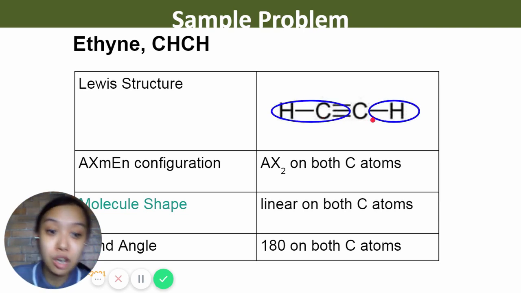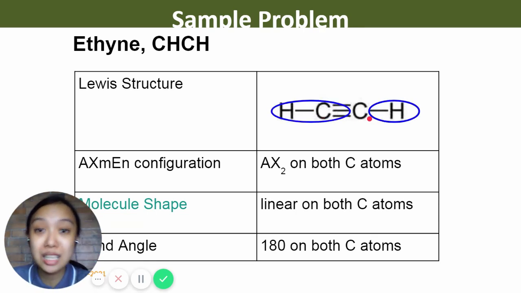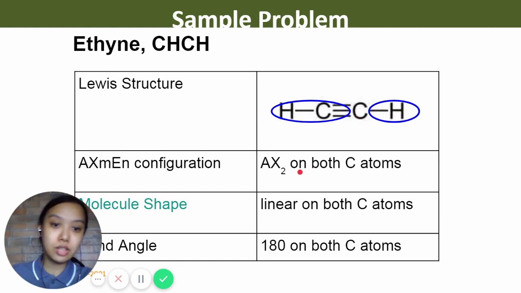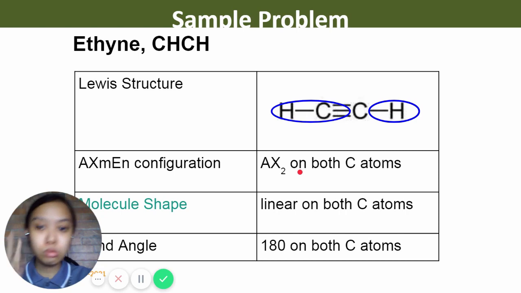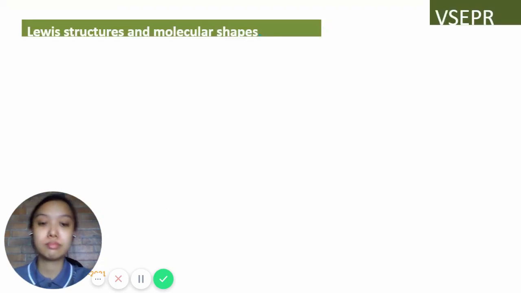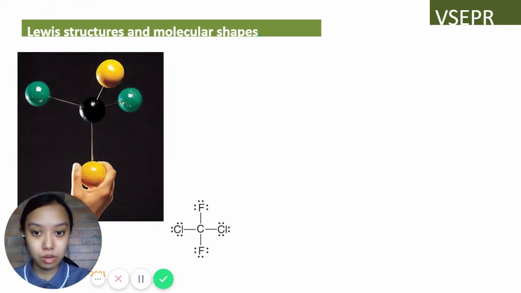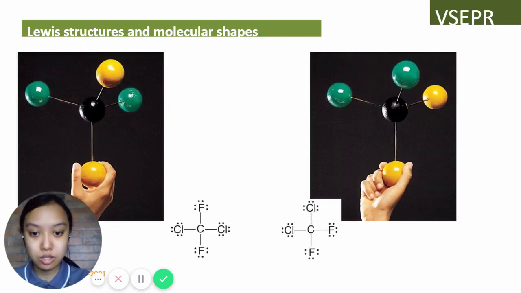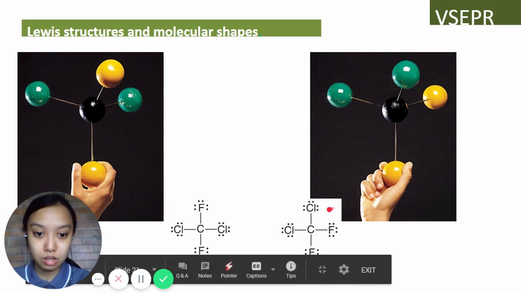In the same way, we do this for the other carbon, treating it as our second central carbon. We have 1 atom attached to it and then another. So here, we end up having 2 AXE configurations, and either way, they are both linear. These are more examples that regardless of the arrangement of the Lewis structure, they still have similar shapes.